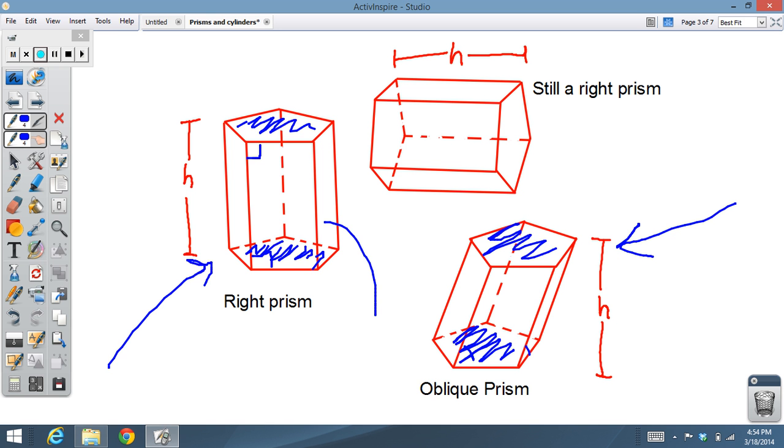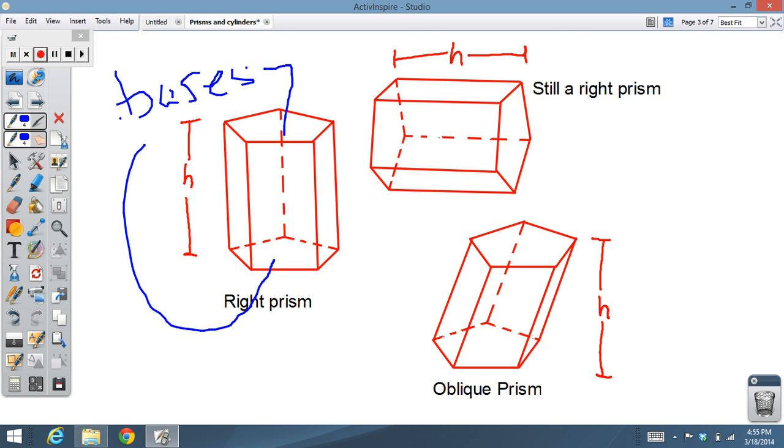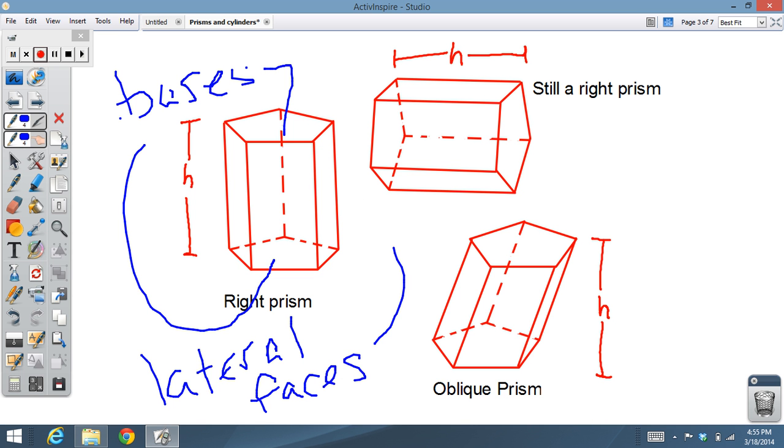So let me reset that to the way it was and make sure we've got our vocab set. Bases, here and here. Lateral faces, 5 of them, all around the sides.